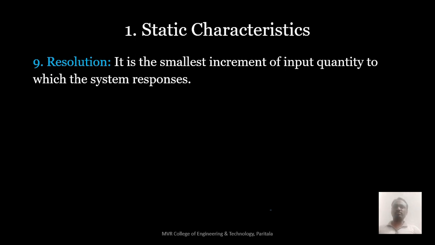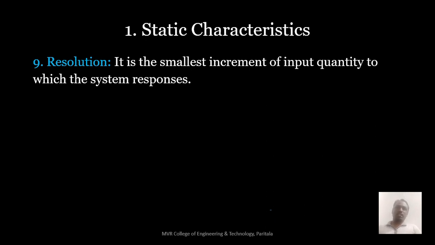So here, if the resolution is more, the instrument can identify a very small change in the measurement. If a small change can be identified by a measurement system, it will have more resolution. So it is the smallest increment of input to which the system responds.